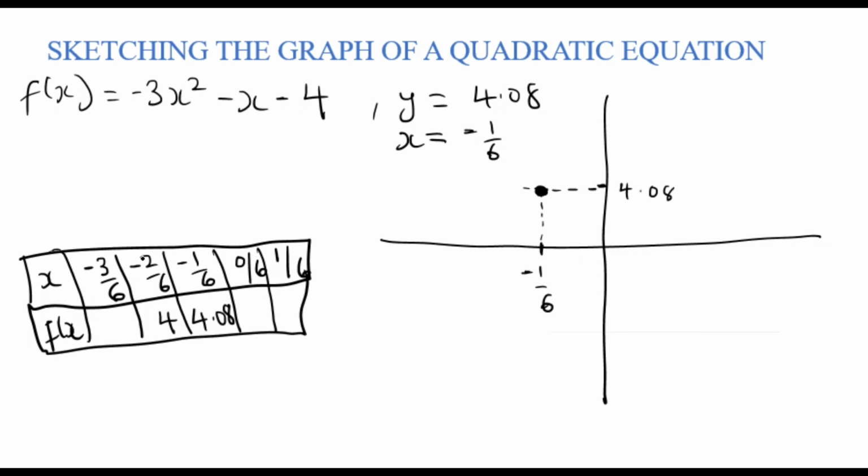So we plot minus 2 out of 6 and it gives you 4. So let's see, this is 4. Then minus 3 out of 6.